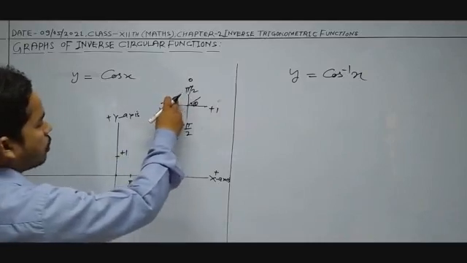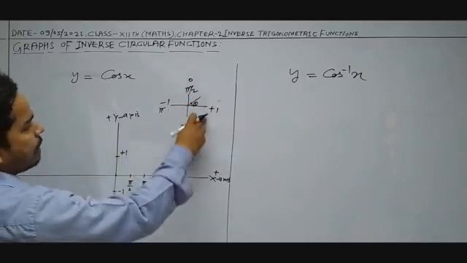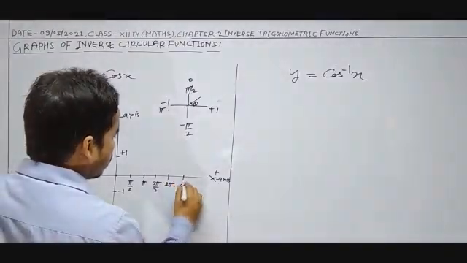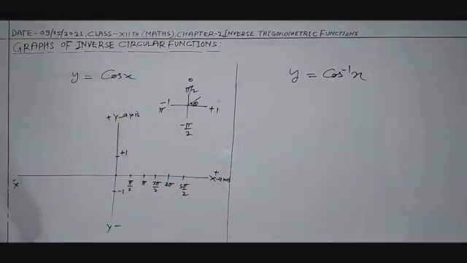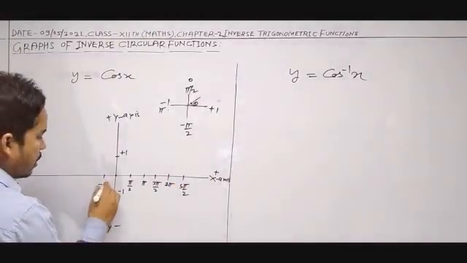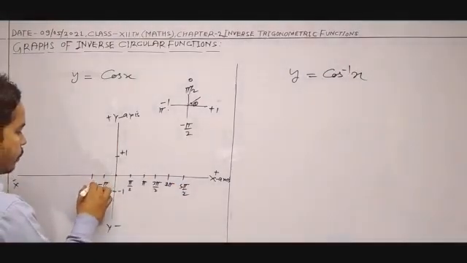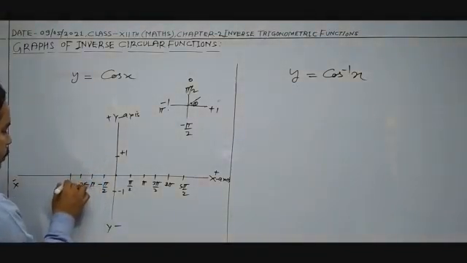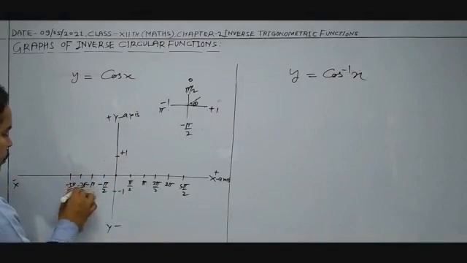So again 4 pi value +1. This is 5 pi/2, means symmetrical angle will be here -π/2, -pi, -3 pi/2, -5 pi/2. So this is the point.